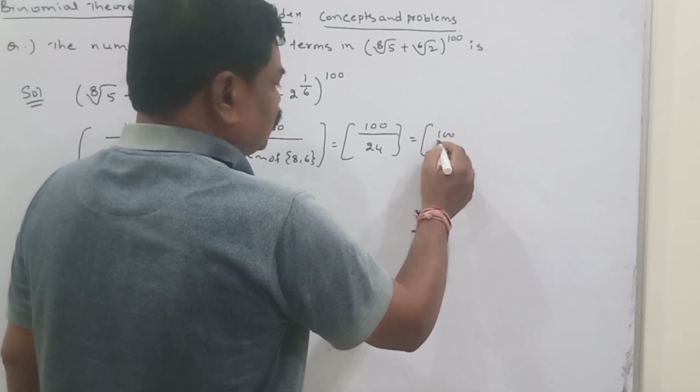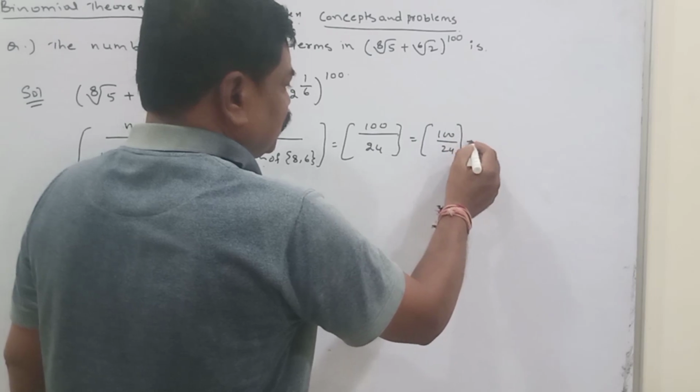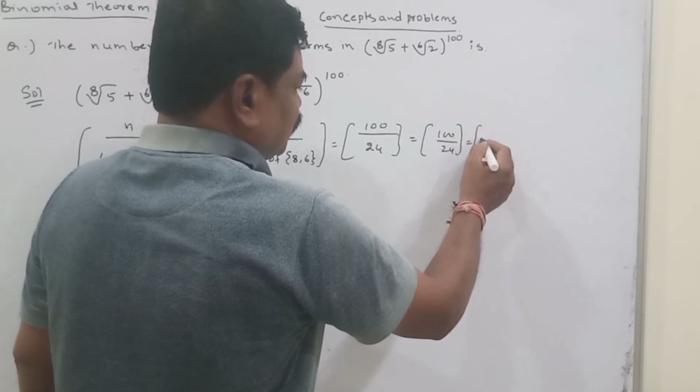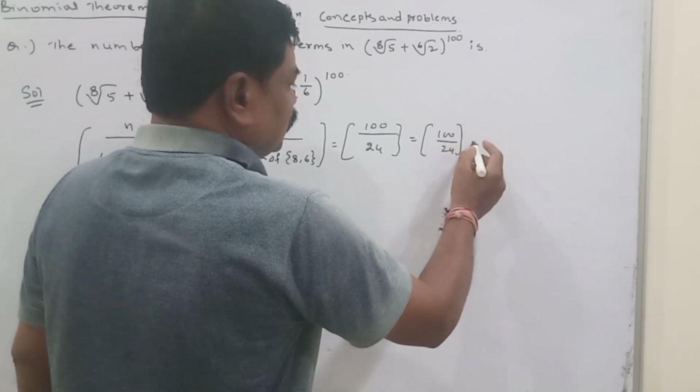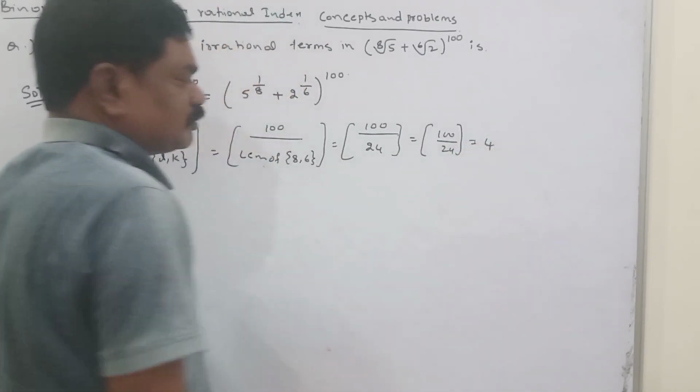The greatest integer function of 100 by 24, which is 4 point something, is 4.